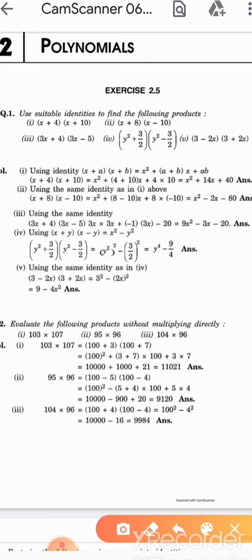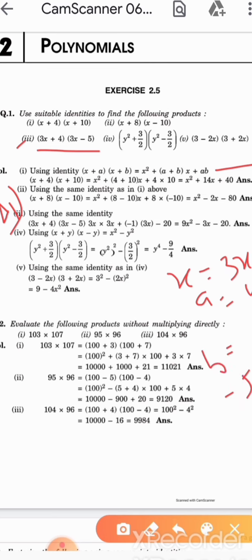Next, question number 3. Again we have one bracket (3x + 4) multiplied by another bracket (3x − 5). Again using identity number 4, write identity number 4: (x + a)(x + b) = x² + (a + b)x + ab. Here comparing, we get the first variable x is 3x, a is 4 and b is −5.